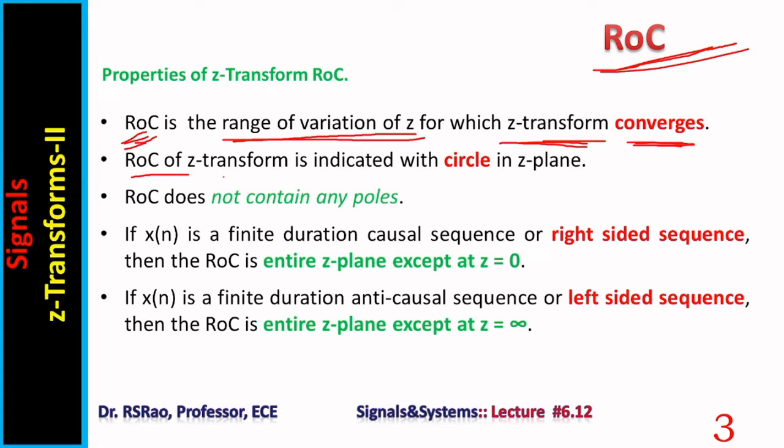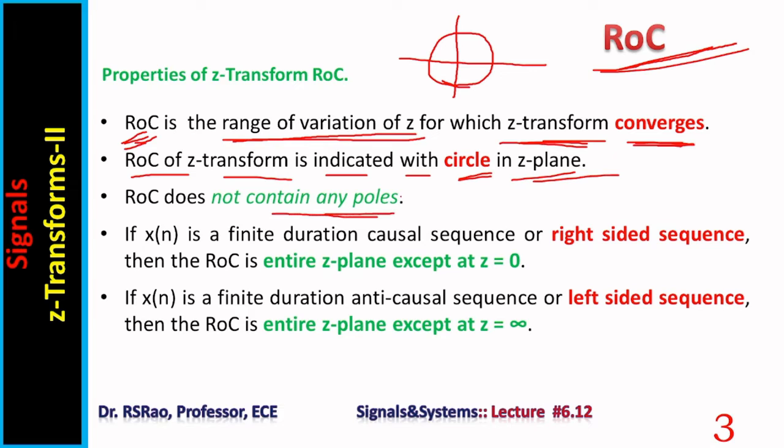ROC of a Z transform is indicated with a circle in the Z plane. The Z plane is a complex plane. ROC appears like a circle in the Z plane. ROC does not contain any poles. These are all properties of ROC. ROC is a circle, and within the circle there exist no poles.